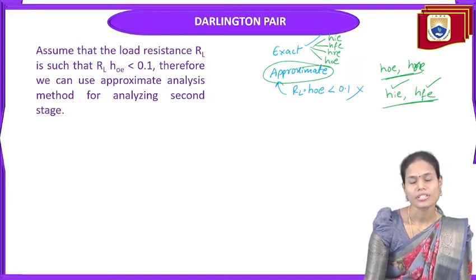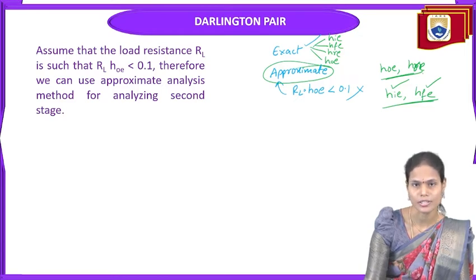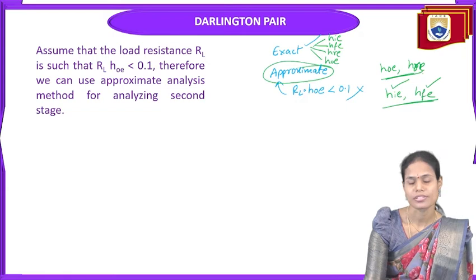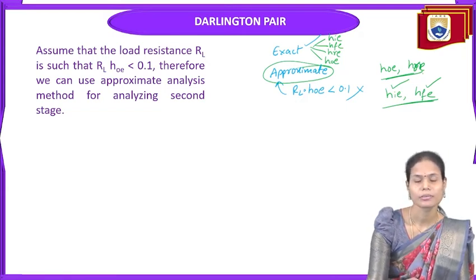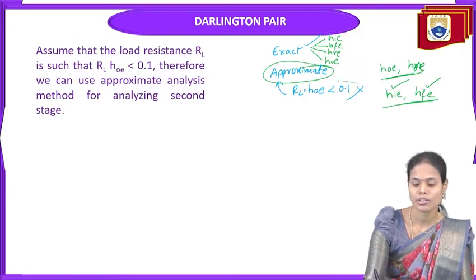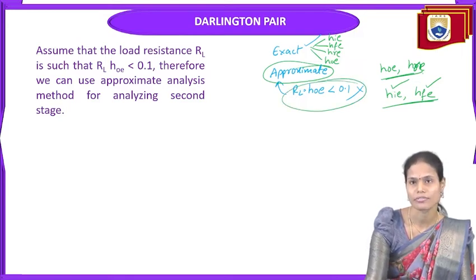Why for the first stage are we going for the exact analysis? In the first stage, the input impedance of the second stage acts like the output impedance for the first stage. The input impedance is very high here, so in that way the output impedance for the first stage is also very high. So once that resistance is very high, we cannot satisfy this particular condition in the first stage.